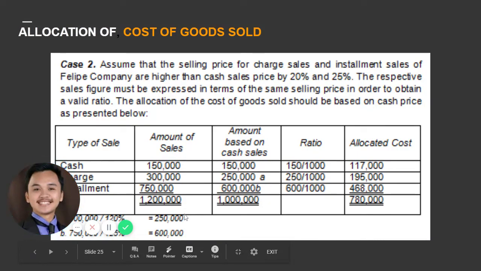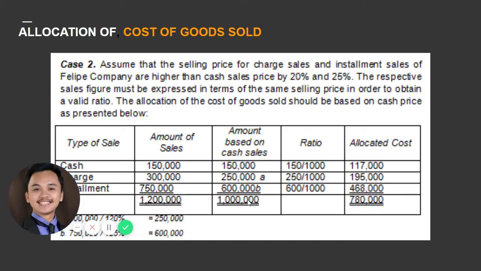Since charge is 20% higher, we have 300,000 divided by 120%. And then installment is 25% higher, so that's 750 divided by 1.25 to compute for your adjusted value.